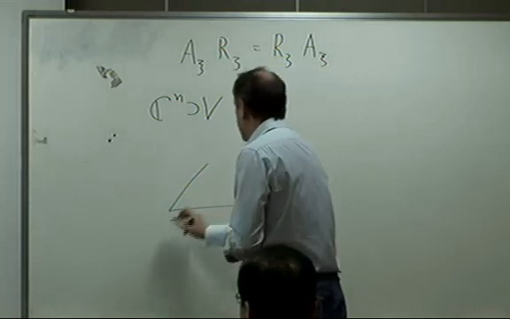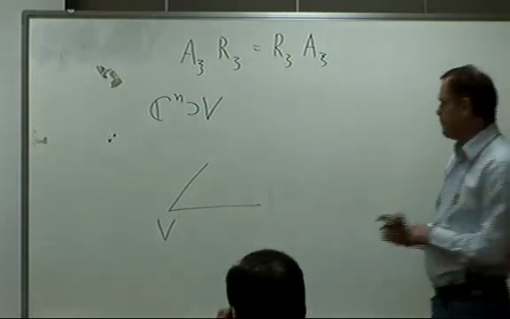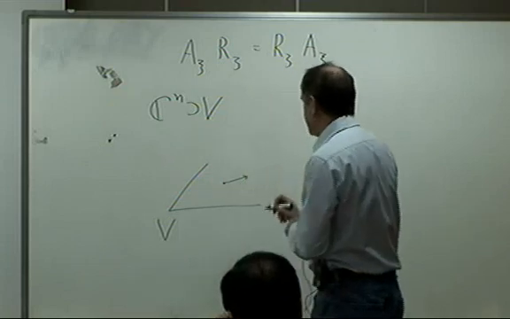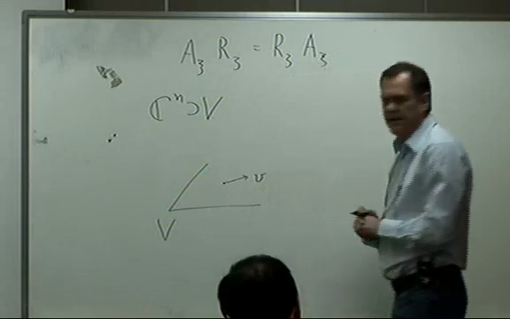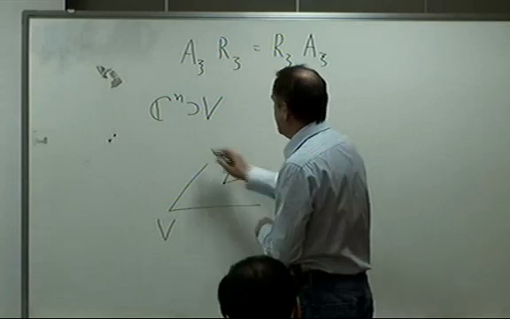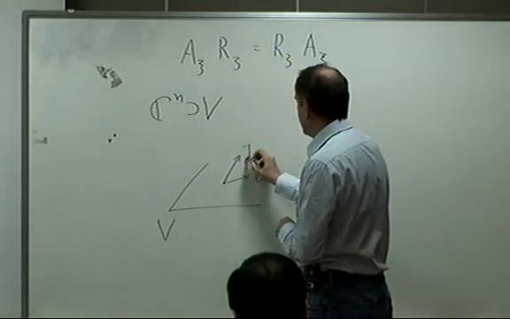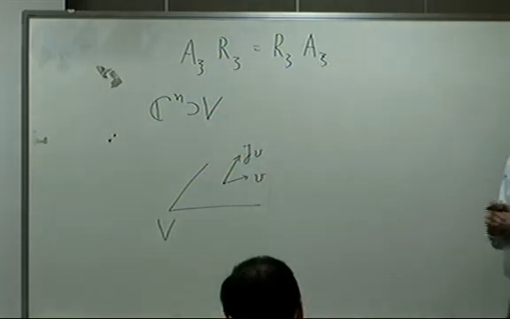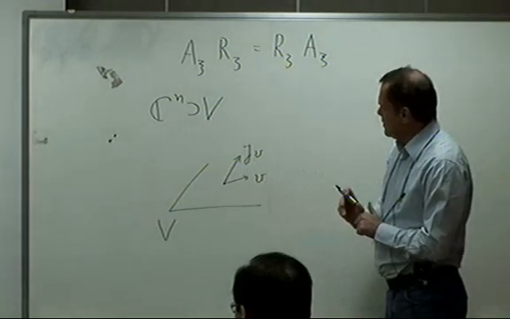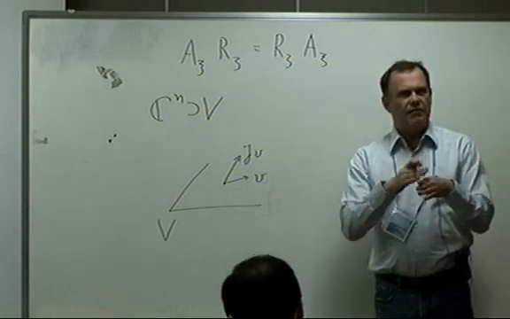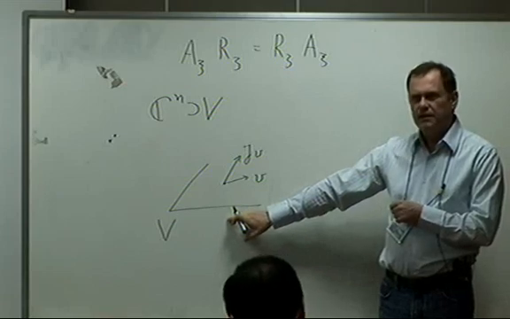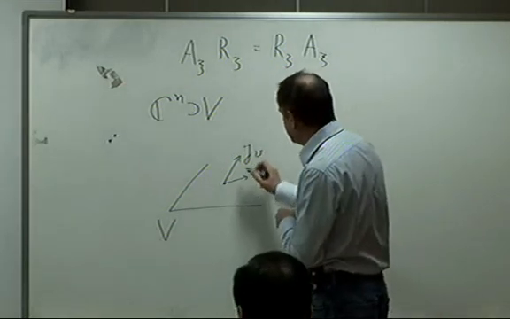So here is our subspace V. Let's take a vector V in V, and then because we have a complex structure here, we apply this complex structure, and we get a vector JV. Now this vector JV will make an angle with our vector space V.